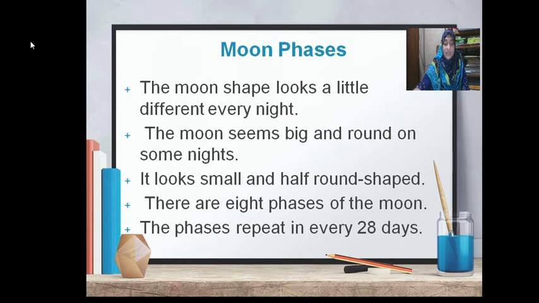Dear students, if we were able to travel as fast as light, it would take 1,30,000 years to go across the Milky Way galaxy. The Milky Way is one of the galaxies in the universe.